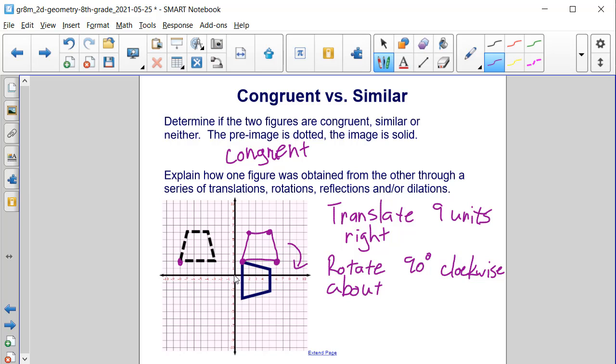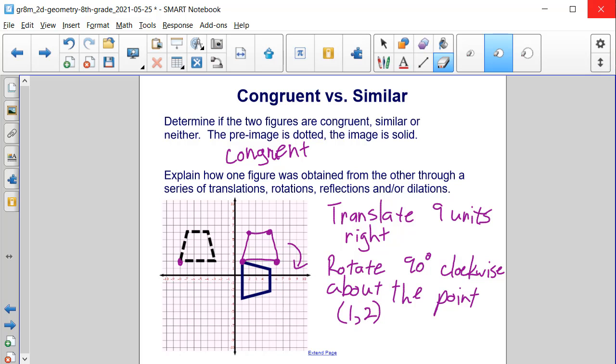If we rotate it about the origin, it'll end up being way over here. So we're rotating it about the point 1, 2. And when we do that, we will indeed get our final image figure.